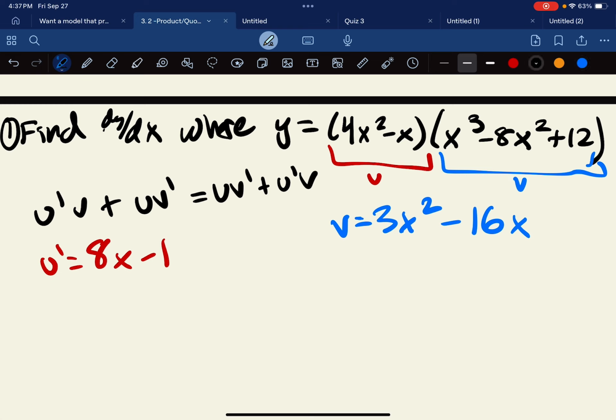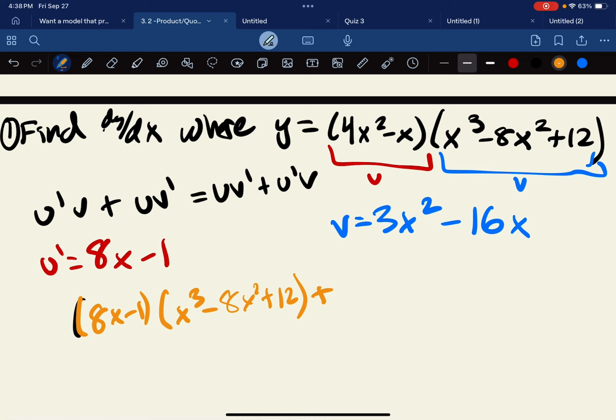So then we want to go and plug this into our product rule formula. U prime is 8x minus 1. Here, I'm going to use yellow actually. So we get 8x minus 1 times V, which is just this term. So that's x cubed minus 8x squared plus 12, straight up copying it from the problem.